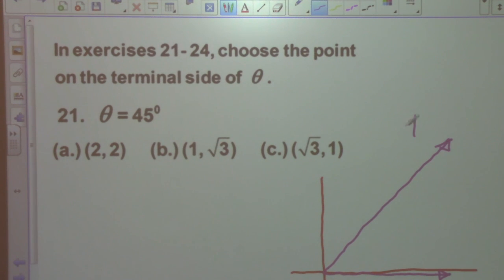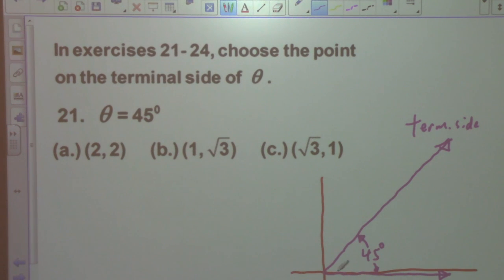And we know that this angle here is 45 degrees. So they're asking which of these is a candidate to be somewhere along this terminal side.